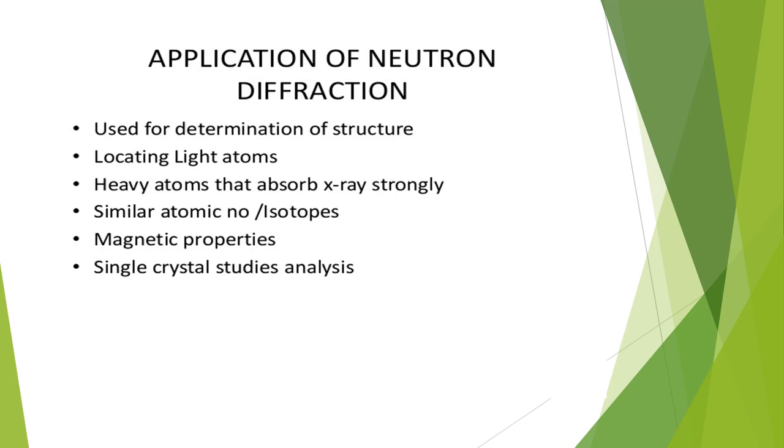Similar atomic numbers and isotopes are also an application of neutron diffraction, in which this technique works more superiorly as compared to other X-ray techniques. Magnetic properties can be studied by using neutron diffraction, and single crystal analysis can also be done by this technique.